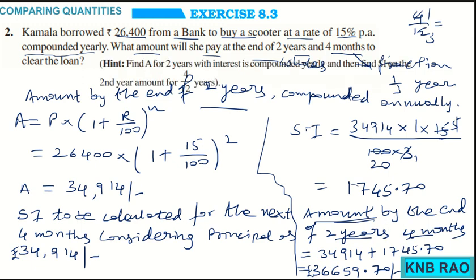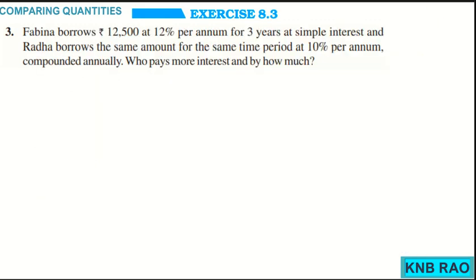Now coming to question number 3. In question number 3, Fabina borrows 12,500 at 12% per annum for 3 years at simple interest, and Radha borrows the same amount for the same time period but at 10% per annum compounded annually.